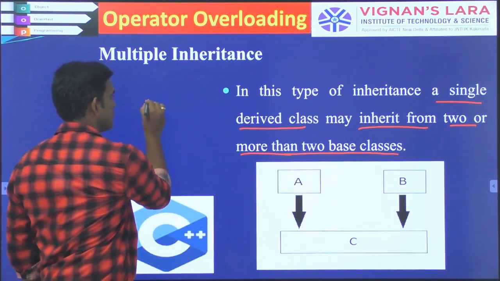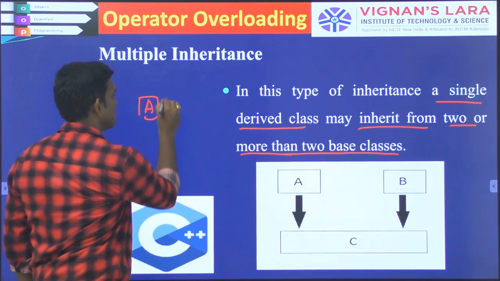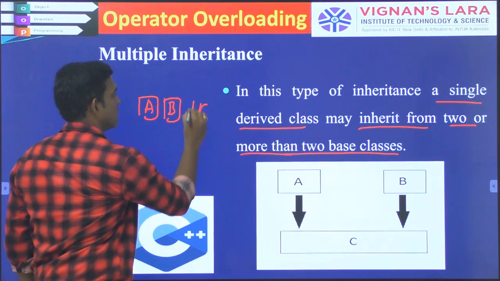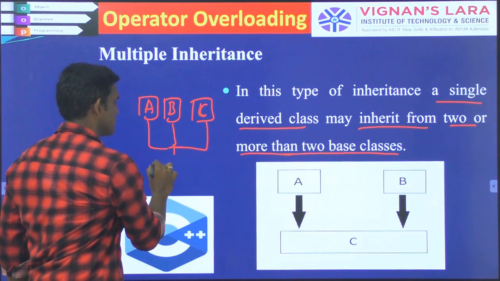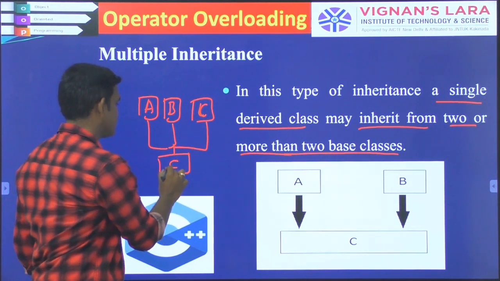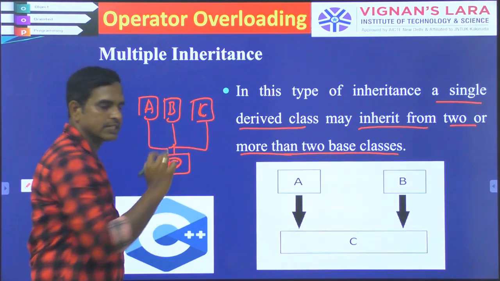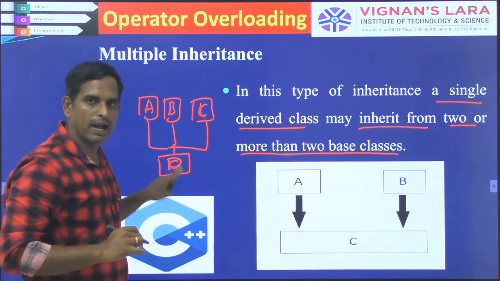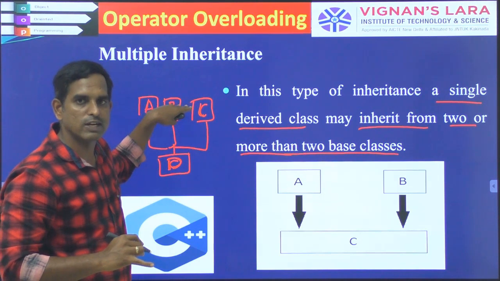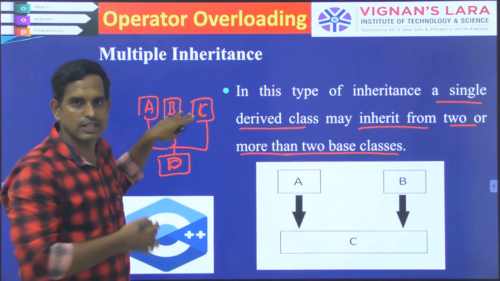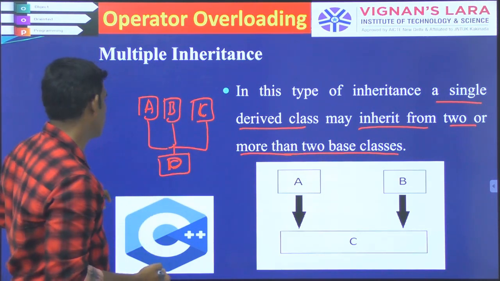That is, you can have more than one base class, and all these base classes provide data to your derived class. This derived class will inherit the properties of multiple base classes. That is called multiple inheritance.